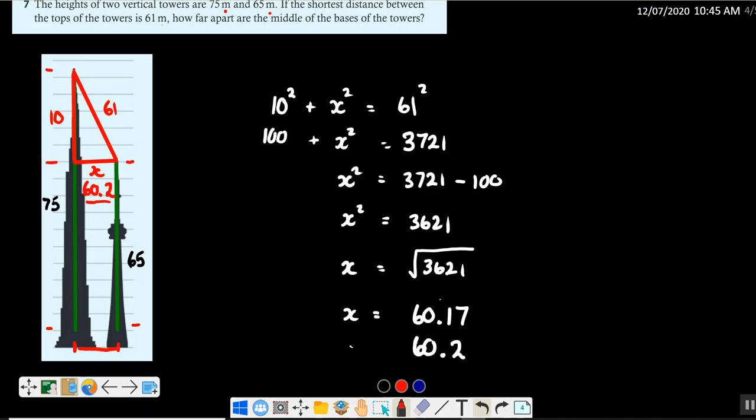Now, in reality, if I were to look at those towers next to each other from the distance, there wouldn't be much difference at the top. Why do you think they've exaggerated it for us? Easier, yeah. Okay. Easier to view.